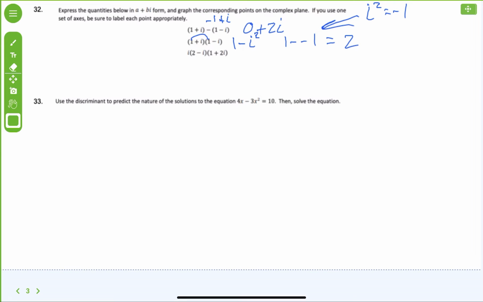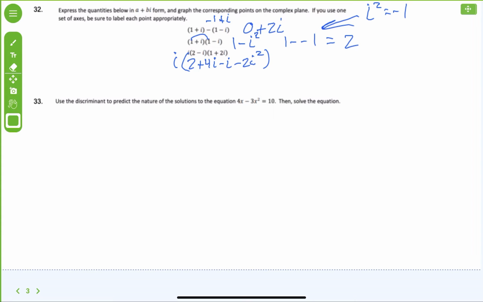Let's leave i out here. Let's not deal with i right now. Let's deal with these two binomials here. So that's going to be 2 plus 4i minus i, minus 2i squared, times i.